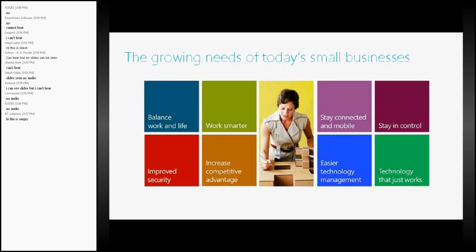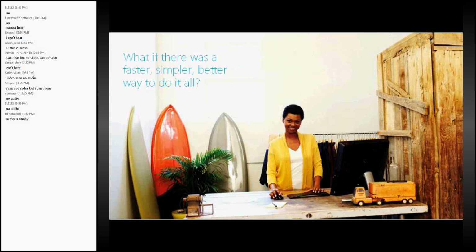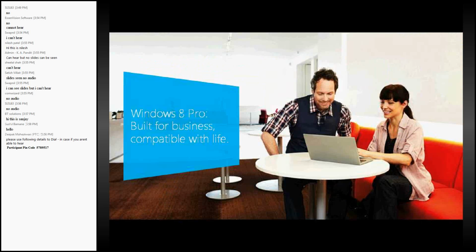So these are the pillars that we heard from our customers, and that's how we built Windows 8 on that. Now, we thought, what if there was a simpler, faster, and better way to do it, right? And then we thought about the Windows operating system. How do we make an operating system even better, right?